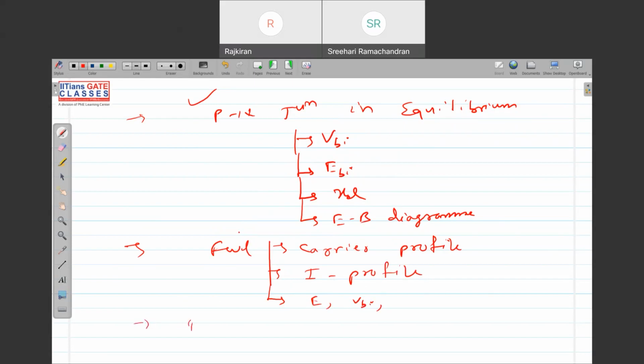In reverse bias, we have seen how the current flows, and also C depletion capacitance, and how the depletion width changes. Also in forward bias we have seen C diffusion. We have seen the small signal equivalent, resistance. So almost all the things you have covered from the diode, from the physics point of view. So all things are clear to you?